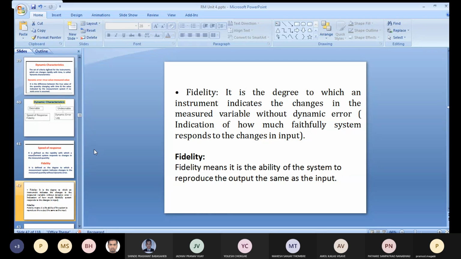If someone believes that because I made a century with this bat, I will use this bat for my whole life, that is not possible. That is the magic of fidelity in the instrumentation part. So this is about fidelity. You can write down the definition in your own words and quote one example, because many times a fidelity question is asked. It is a favorite question of the university. Just write it down.